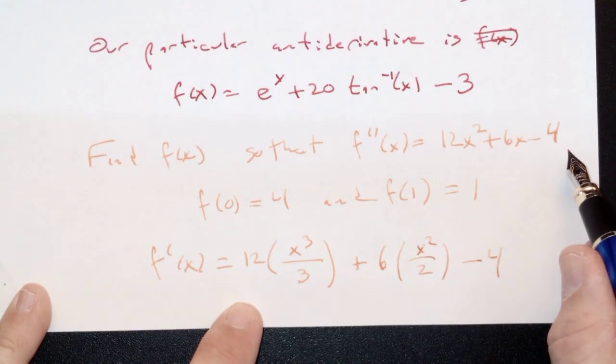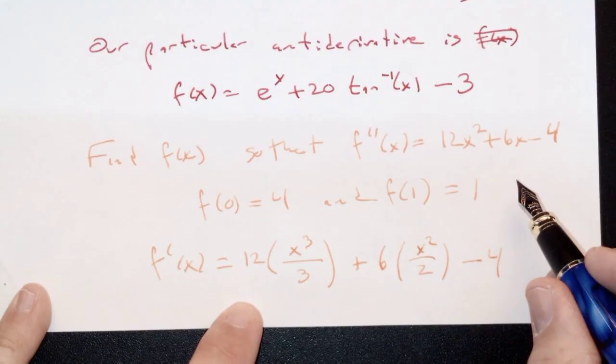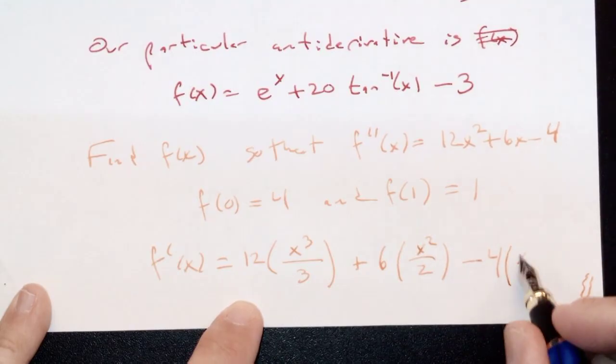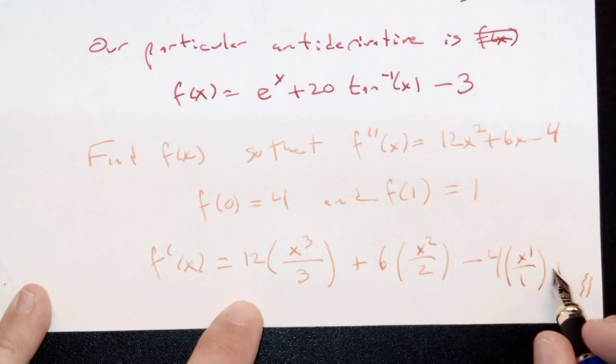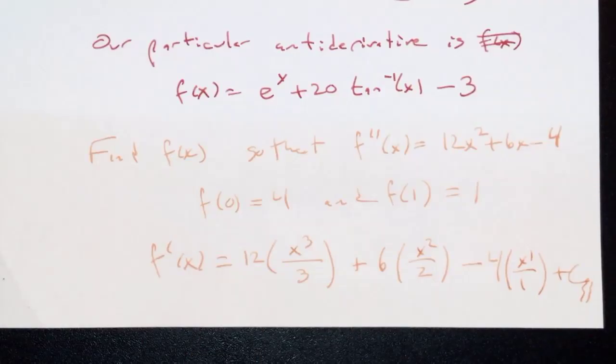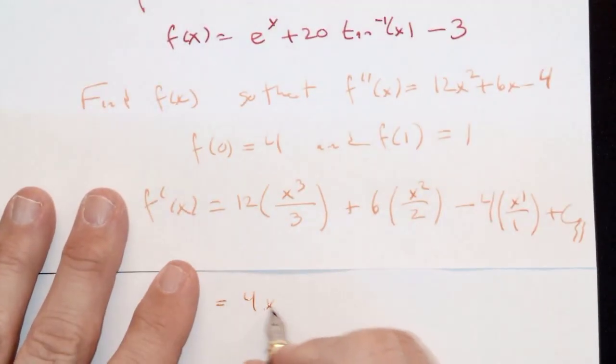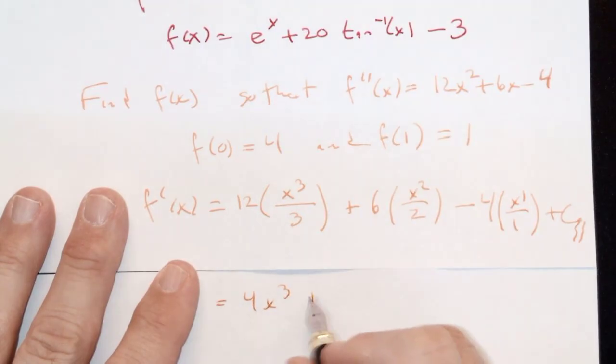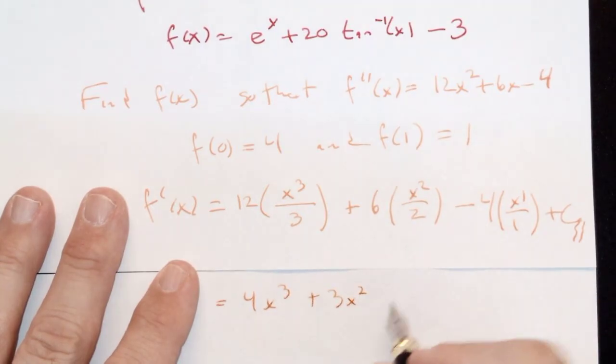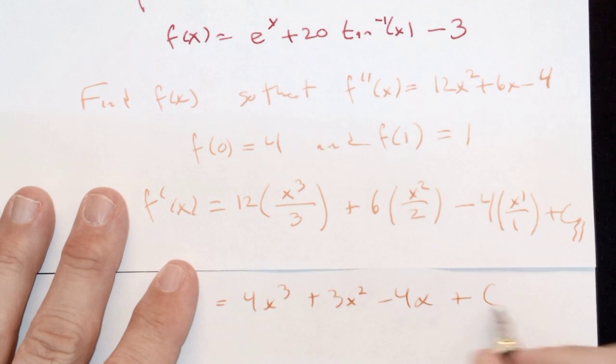That's a 0th power, which means I'm going to get a first power. Plus c. And then we can simplify this: 4x cubed plus 3x squared minus 4x plus c.